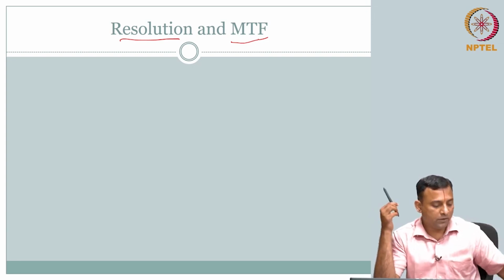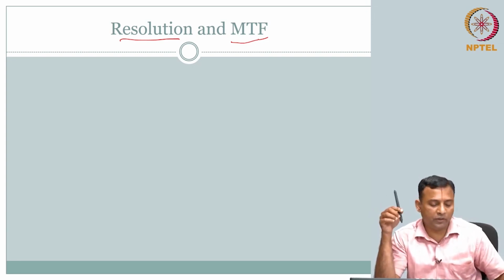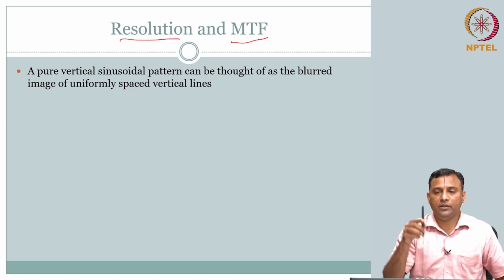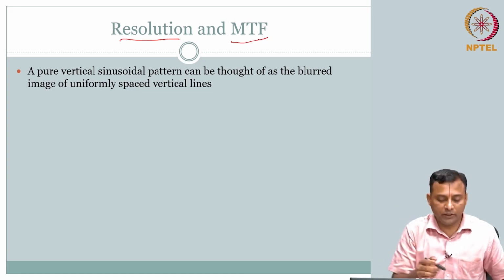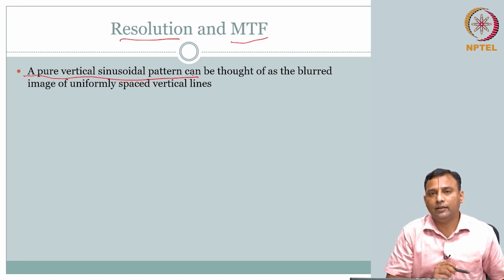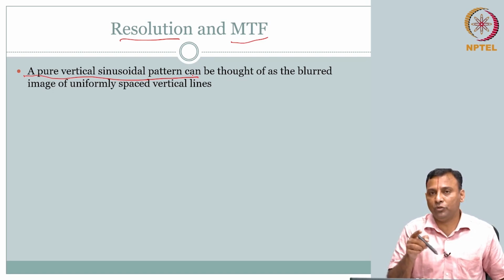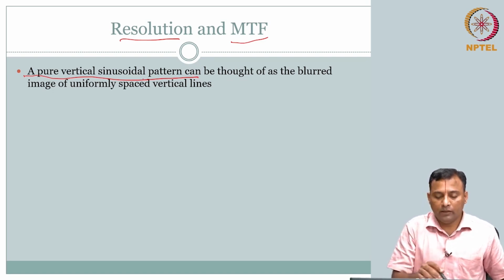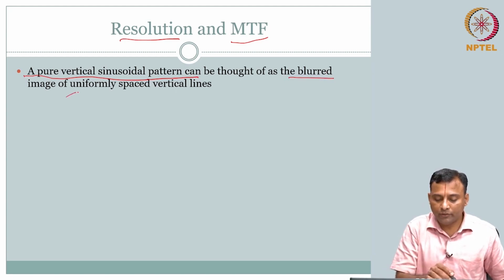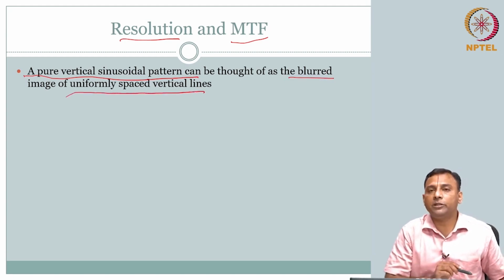So you can intuitively start to think that these two are related. Can we use the same formulation? We can, if you think about a pure vertical sinusoidal pattern, sine of u naught x, which we used, as a blurred image of uniformly spaced vertical lines.